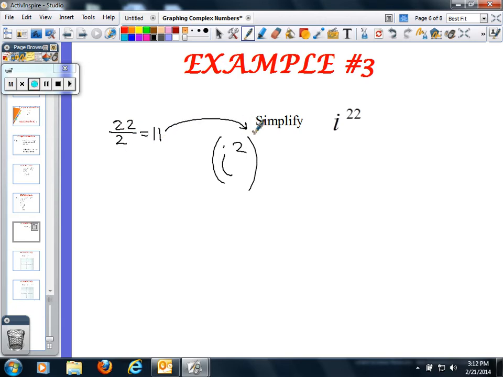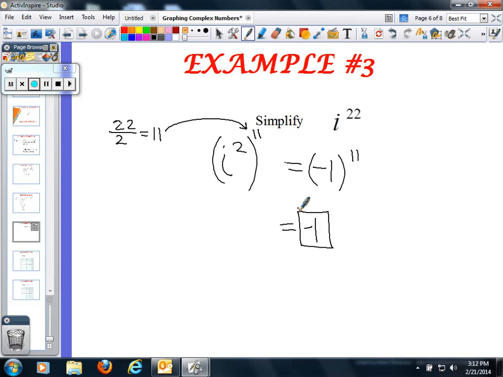This goes here. Again, we're going to now substitute i squared is -1 to the 11th power. -1 raised to an odd exponent is going to be -1. And there's your answer.